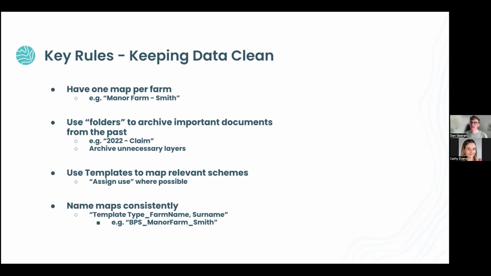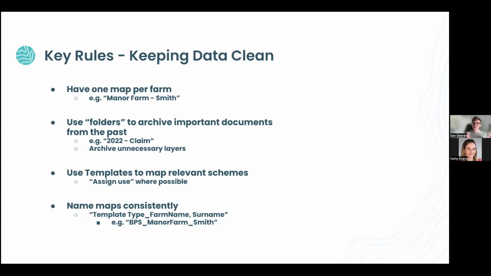Using folders is a really nice way to keep your mapping interface clean, and I'll demonstrate that in a moment, but it allows you to organize the data that you're creating within Land app in a more auditable way. So if you are, for example, doing regular updates for habitat assessments, or you've done an application to a certain team, you can use those folders to start filing away different years. So 2022 claim, for example.